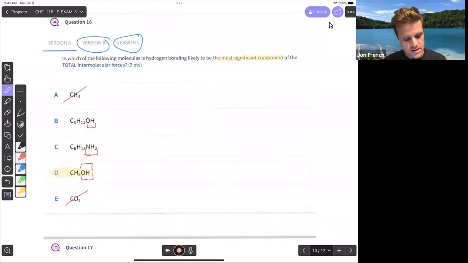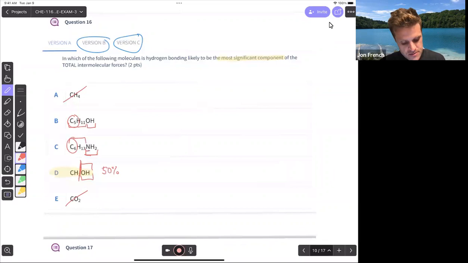The other 2 molecules have larger chains. They've got 5 carbons, 6 carbons, 13 hydrogens. More carbon, more hydrogen, so they're going to have other intermolecular forces, more London dispersion forces. We can't really put a number on it, but if you just look at the molecule and split it in half, we could say it's like 50% here.